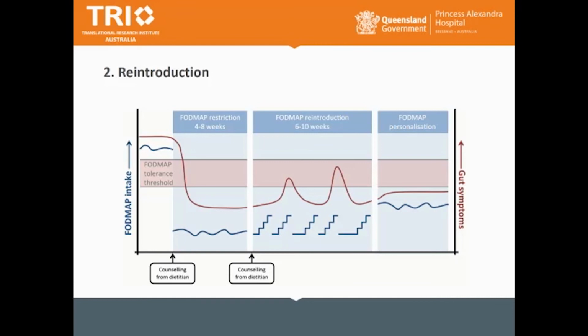Then in the long term, what we want is symptoms to be better, so under this threshold. So symptoms are really well managed, but their FODMAP intake is actually quite a lot higher than it was at baseline. So we're really trying to promote an increase in some of these FODMAP carbohydrates, including those prebiotic carbohydrates that I mentioned, FOS and GOS.